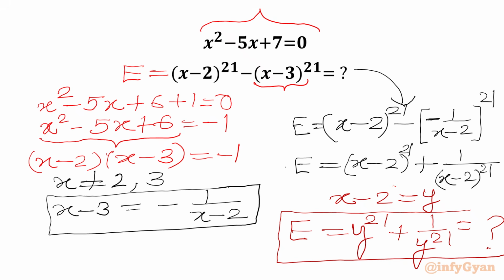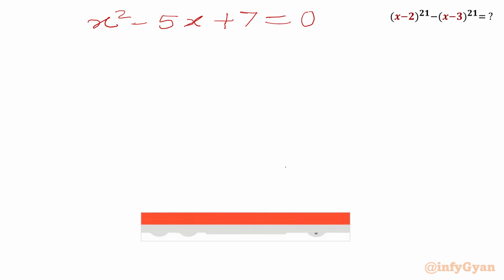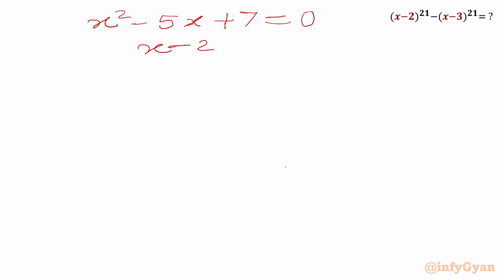Now we will put x minus 2 equal to y in our quadratic equation also. So I will write here x square minus 5x plus 7 equal to 0. Now x minus 2 is our substitution y.